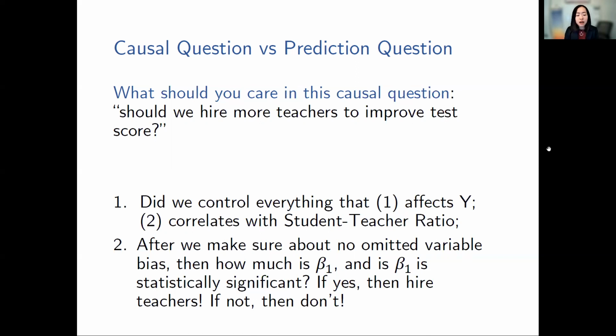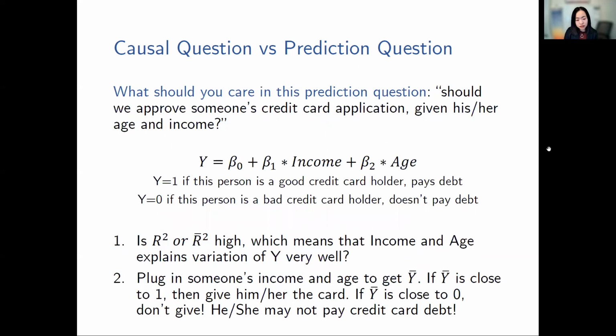So we say, okay, hiring more teachers does improve test scores for students. If not, we'll say hiring teachers is not really something that makes a lot of sense. So we should spend money on something else that is more useful, right? That's how public spending works. Government does not have an unlimited amount of money. They want to make their money useful. So if it's not significant, then they don't want to spend that money.